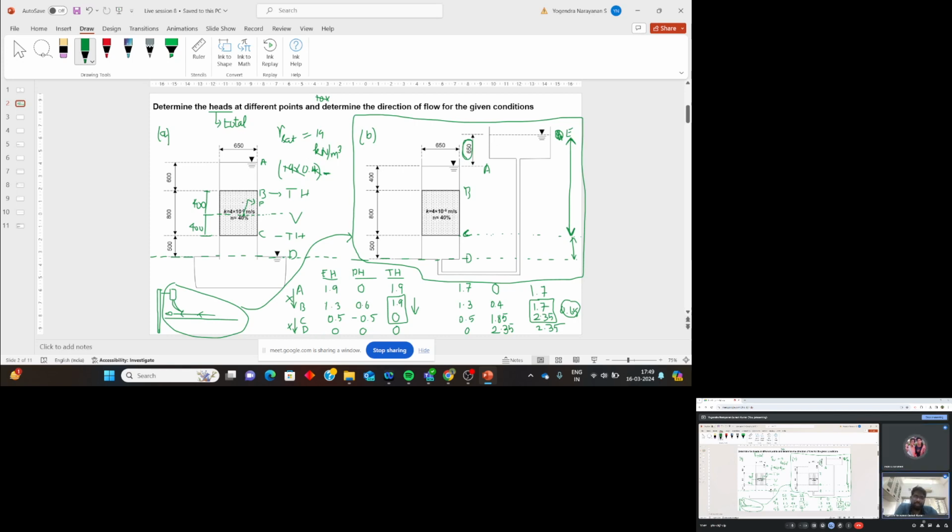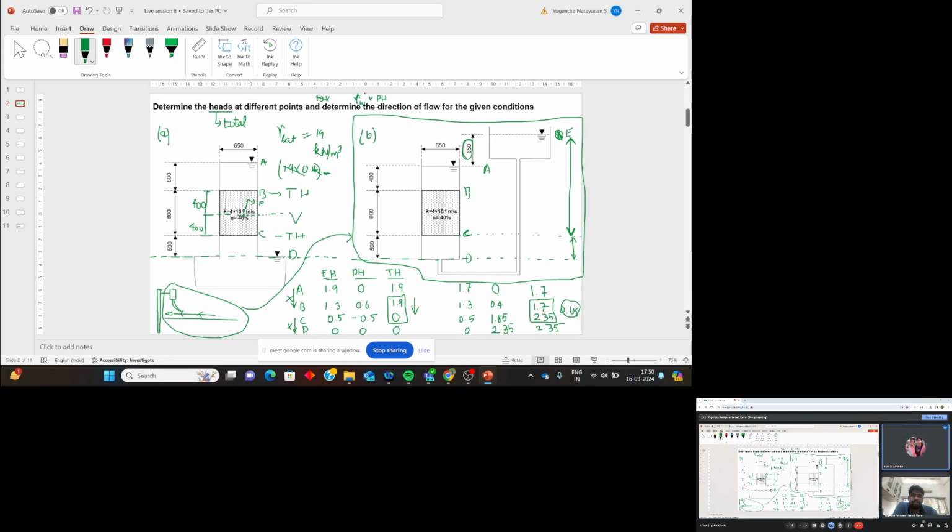Here you have made a mistake. This is valid only when the water table is static. Now water is moving, right? So the point here is that pore water pressure is always gamma W into pressure head.